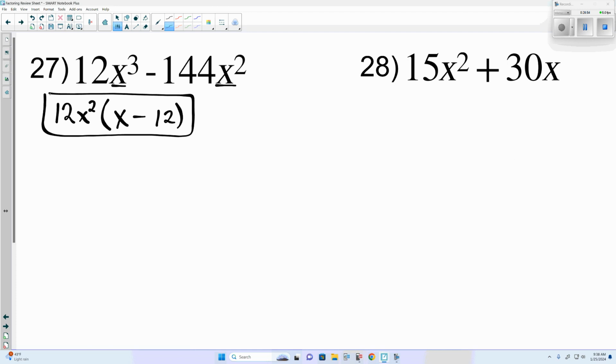The next one, 15x squared plus 30x. If we factor the 15x out of 15x squared, we're left with x plus. As if we take 15 out of 30, we have 2. And that's it.